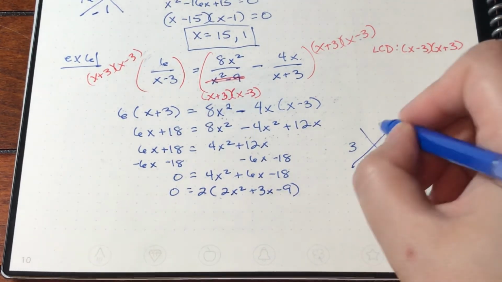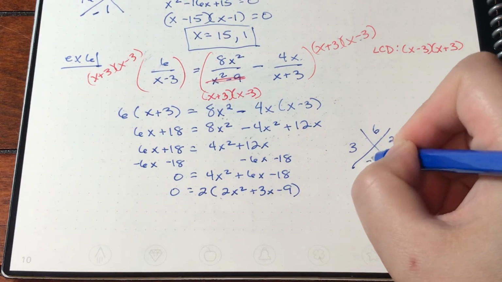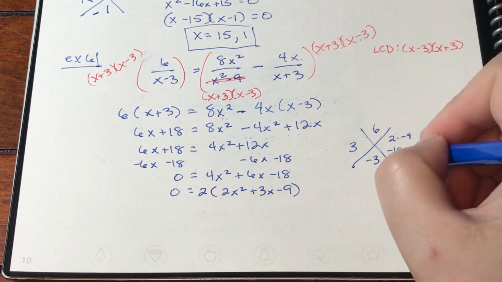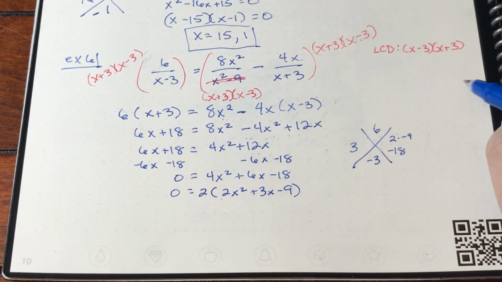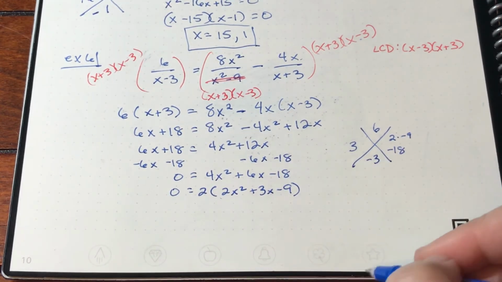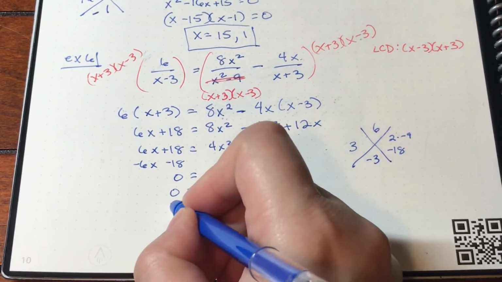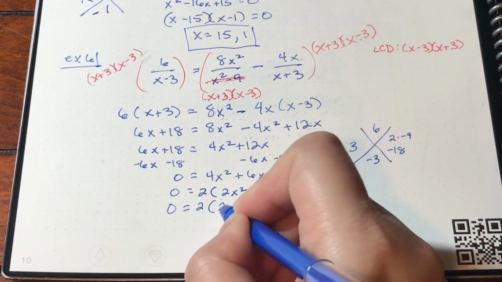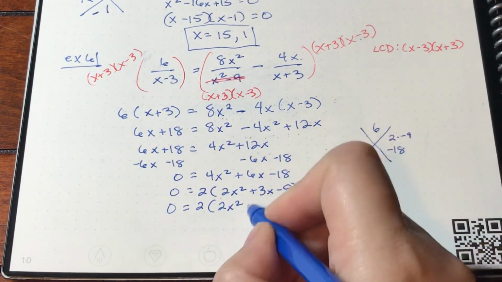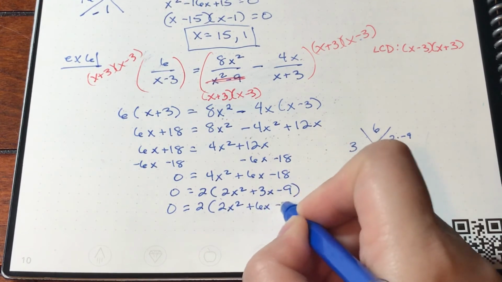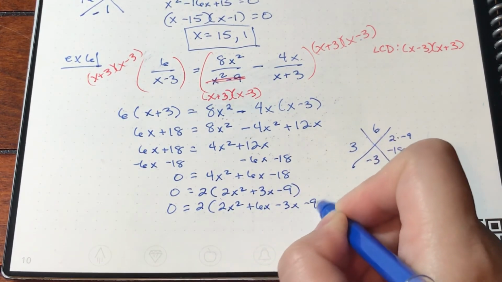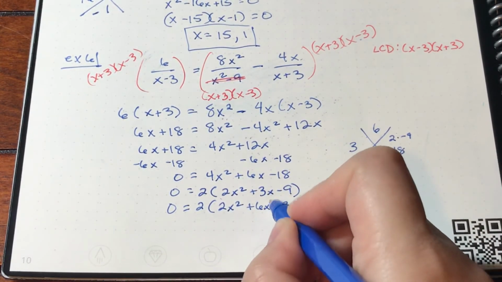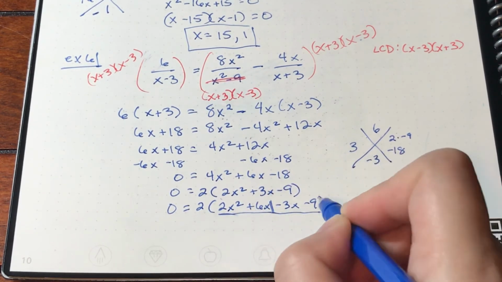Oh, 6 and negative 3. Right? Yeah, okay. So then I've got my grouping. So 2 times (2x squared plus 6x minus 3x minus 9). There's my two groups.